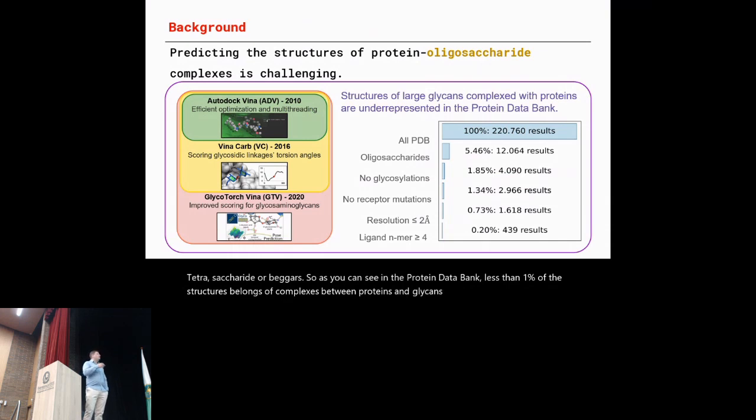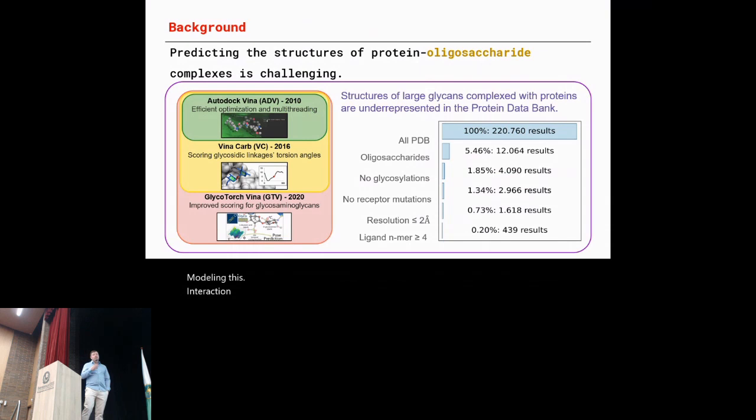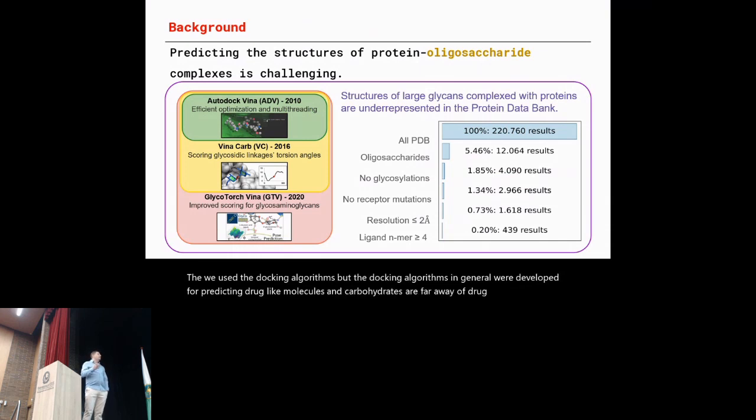So in order to model this interaction computationally, we use docking algorithms, but docking algorithms in general were developed for predicting drug-like molecules, and carbohydrates are far away from drug-like molecules. They are flexible, they are polar, and drug-like molecules are the opposite: rigid and hydrophobic.